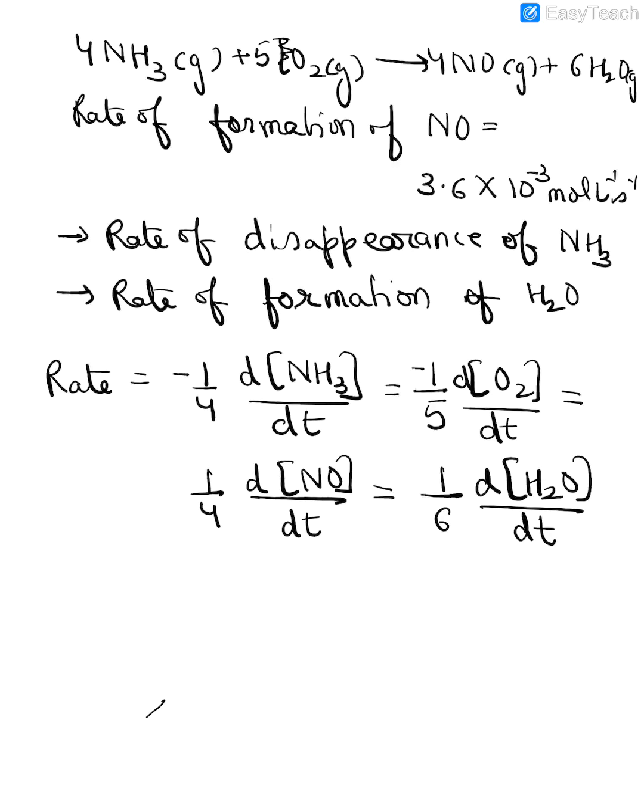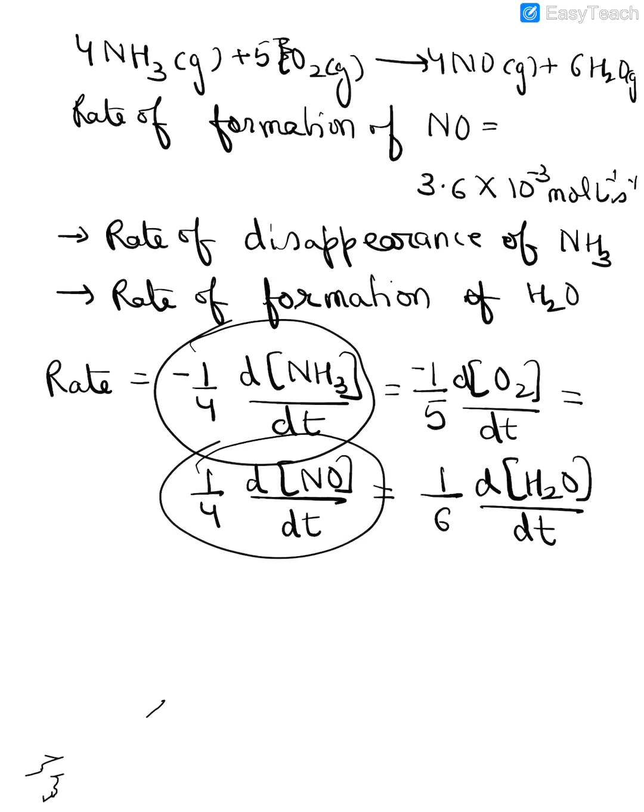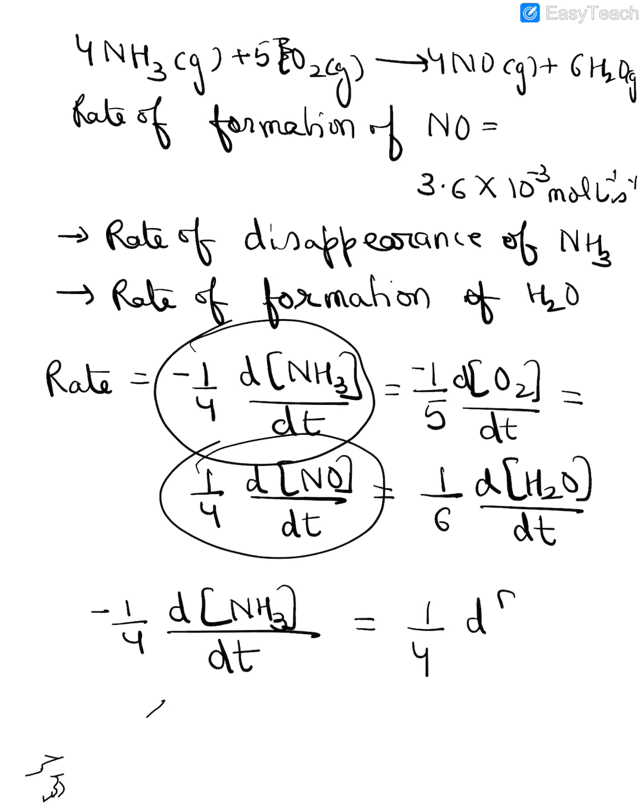Now we are provided with the rate of formation of NO. So we need to find out the rate of disappearance of ammonia. So we can take this data as well as this data, and we can equate them. So minus 1 by 4 d[NH3] upon dt equals 1 by 4 d[NO] upon dt, right?